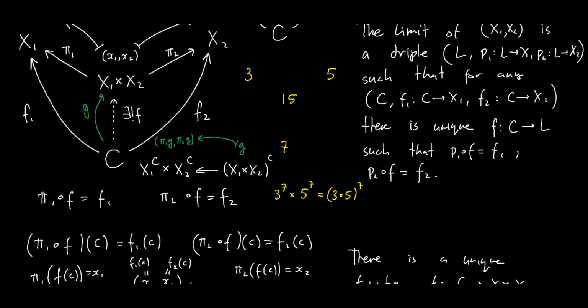You see, that exponentiation law is just a fancy way of establishing the equivalence, I mean, the bijection between the maps from C into x1 times x2, and the maps from C into x1 together with the maps from C into x2.